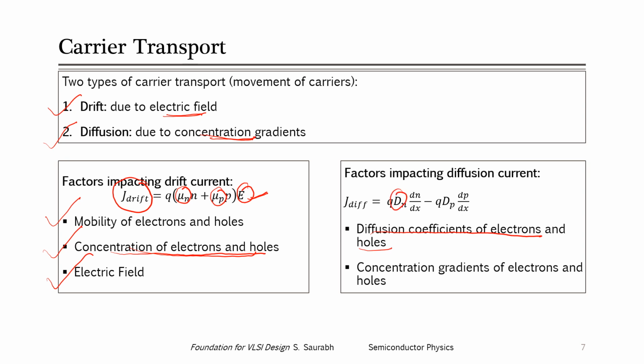So the diffusion coefficients Dn and Dp for electrons and holes will decide the magnitude of the diffusion current density, and of course the concentration gradient of electrons and holes. dn/dx here denotes the concentration gradient of electrons, and dp/dx denotes the concentration gradient of holes. So the more the concentration gradient, the more will be the diffusion current density.